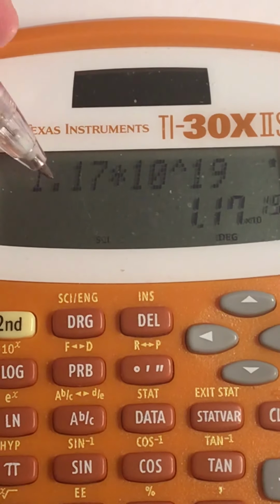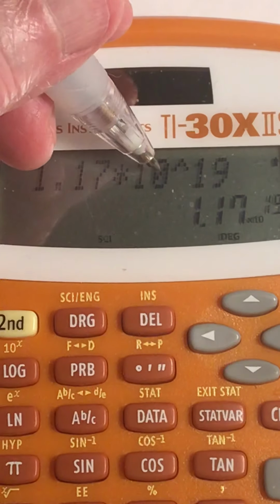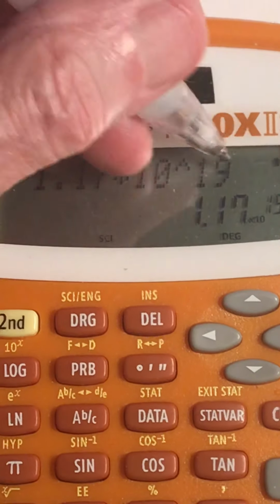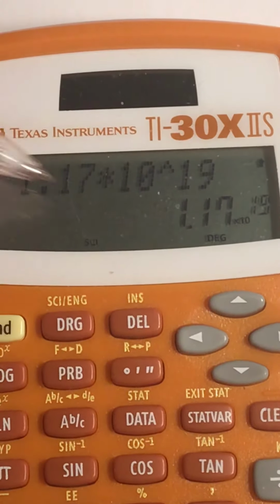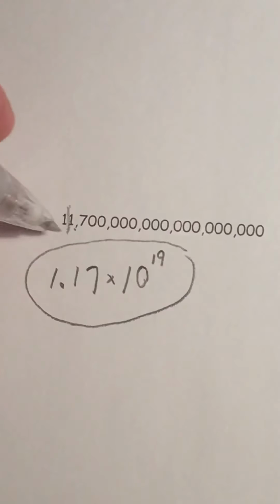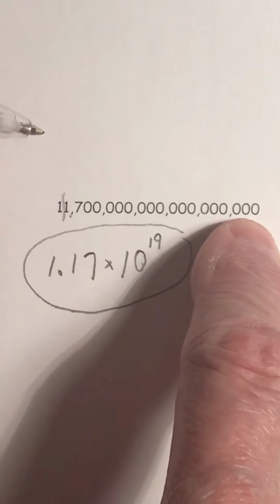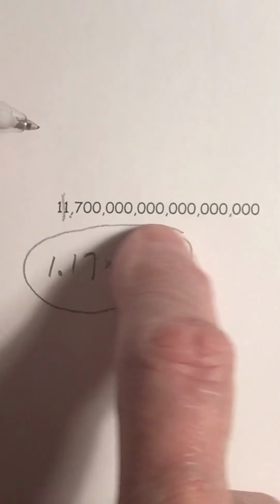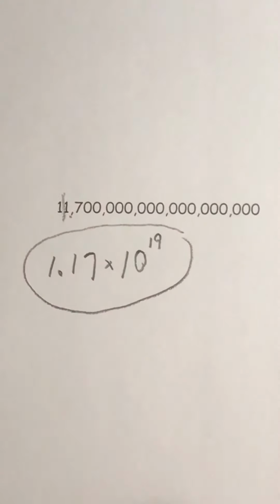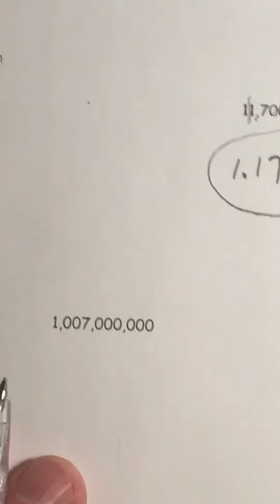Because it's only got 1, 2, 3, 4, 5, 6, 7, 8, 9, 10, 11. It's only got like 12 or 13 columns up here. This is 20 digits here. Right? 20 digits altogether. So there's limitations to what the calculator can show you.